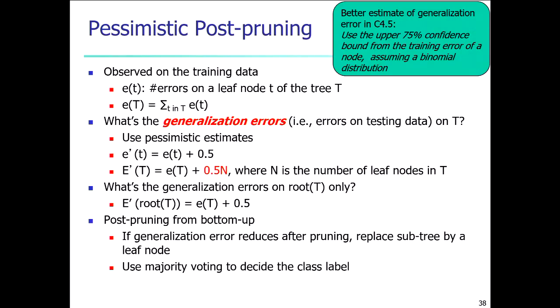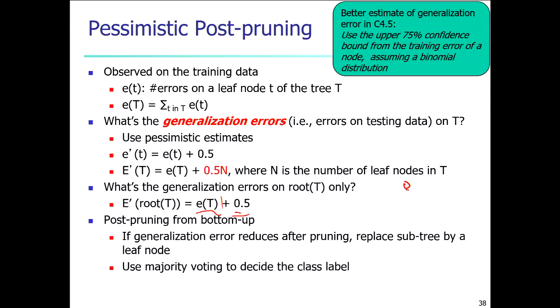And let's think of a simple subtree where there is a node and some leaves. If we do not have these leaves, if we only have this node, then the generalization error would be the error of t plus 0.5 because there is no leaf nodes here.